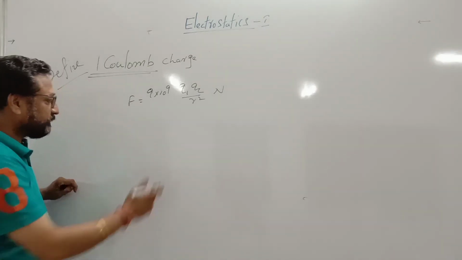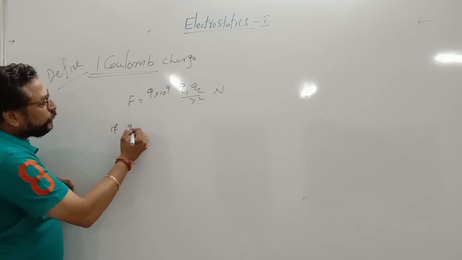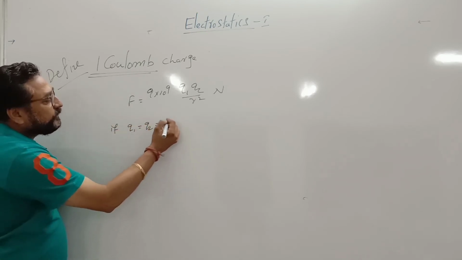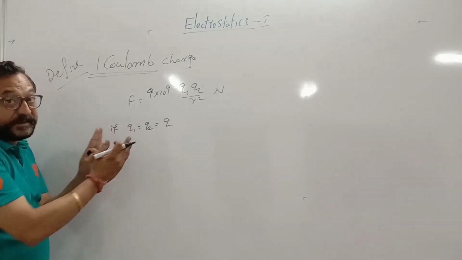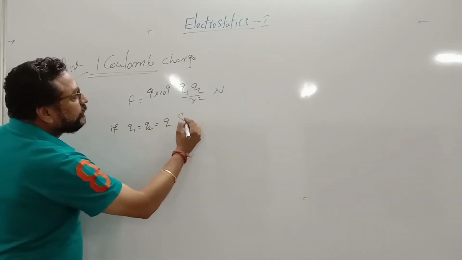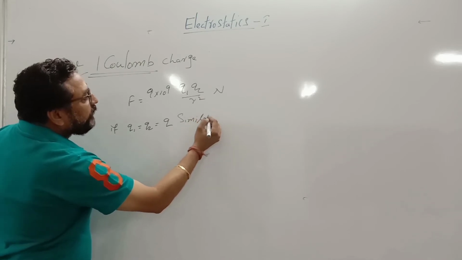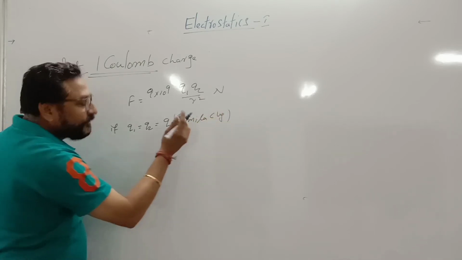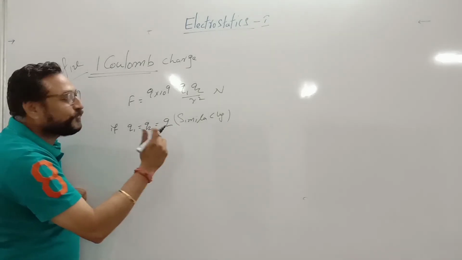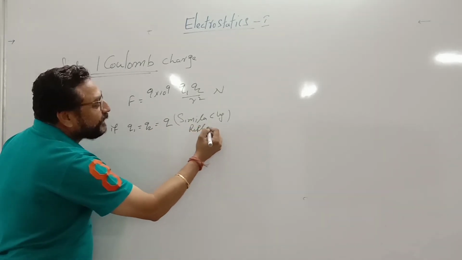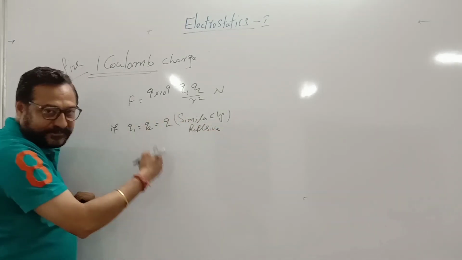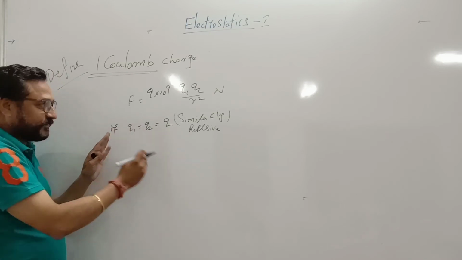Please see on that side. If Q1 is equal to Q2 is equal to Q, and we take them as similar charges, similar charges mean force of repulsion. That's repulsive because both are similar charges.